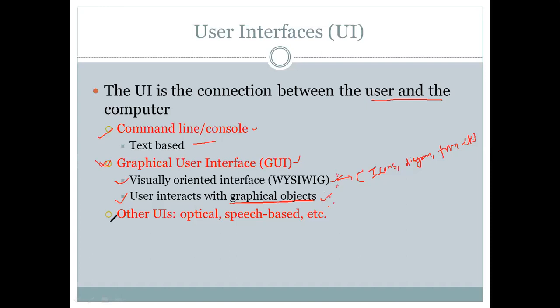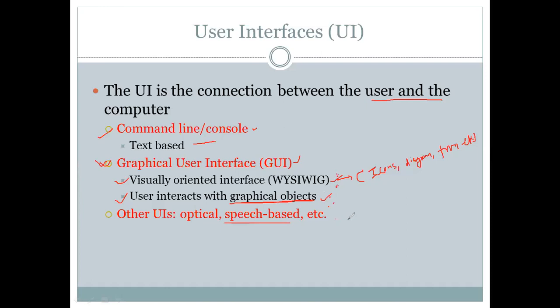There is one more method. Other methods can also be there, like optical based or speech based. Nowadays we have these properties to interact. So we have speech based interaction where the user will provide commands in voice mode.